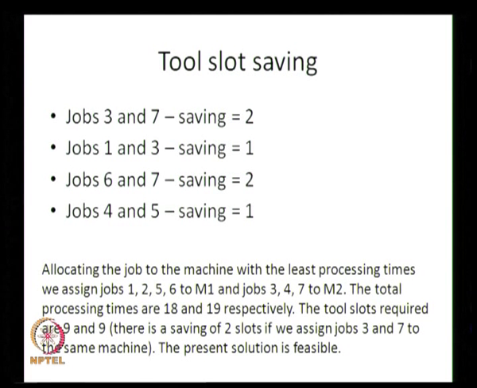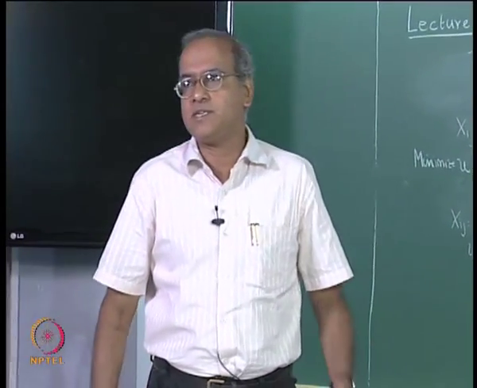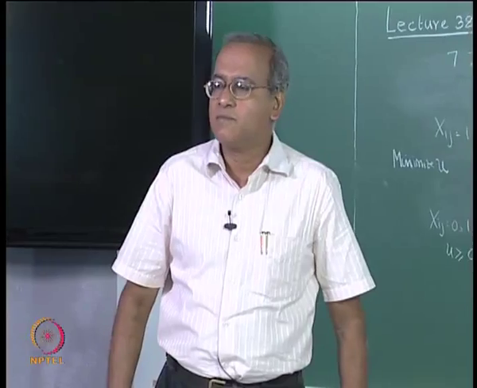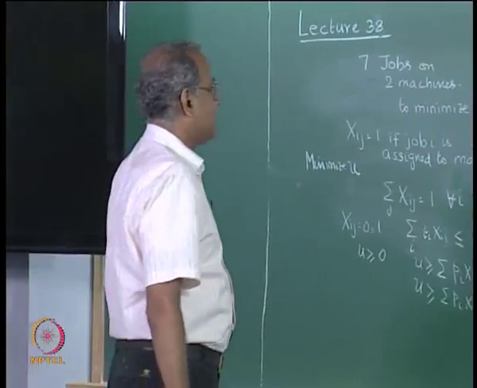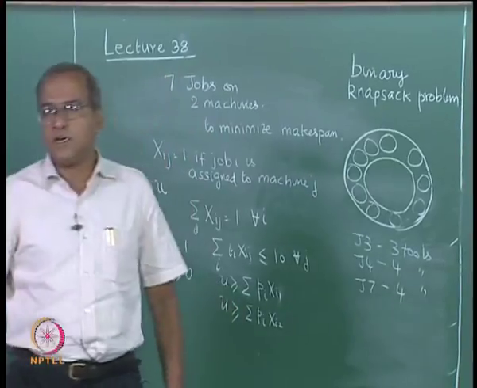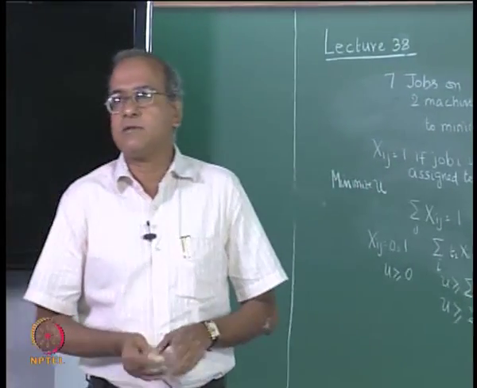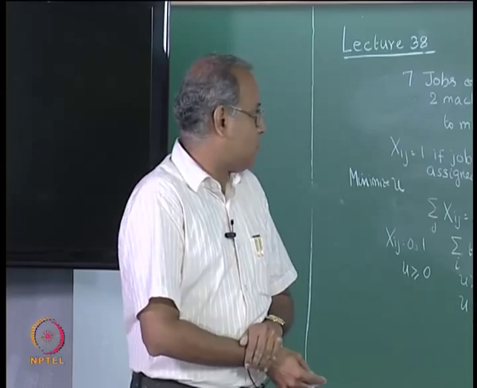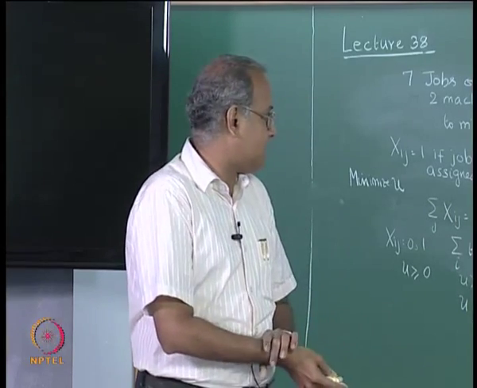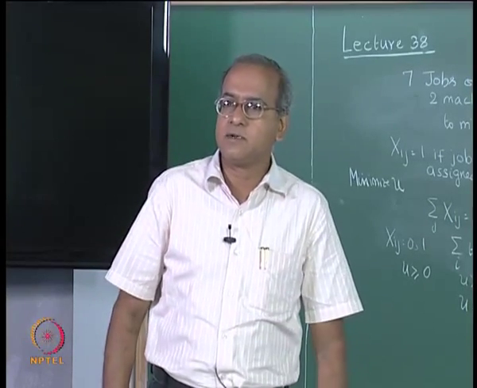Now we are going to assume that if we put 3 and 7 together, we can save 2 tool slots, which means 3 and 7 together do not need 4 plus 3 plus 4, but they need 5, that is 4 plus 3 7 minus 2. 1 and 3 put together, I can save 1 tool slot. 6 and 7 put together, I can save 2 tool slots, and 4 and 5 put together, I can save 1 tool slot.